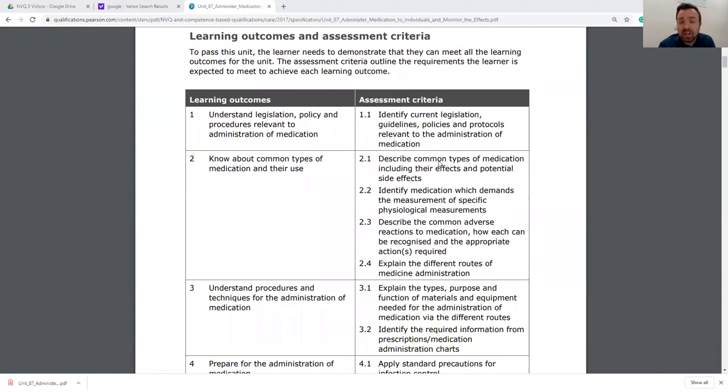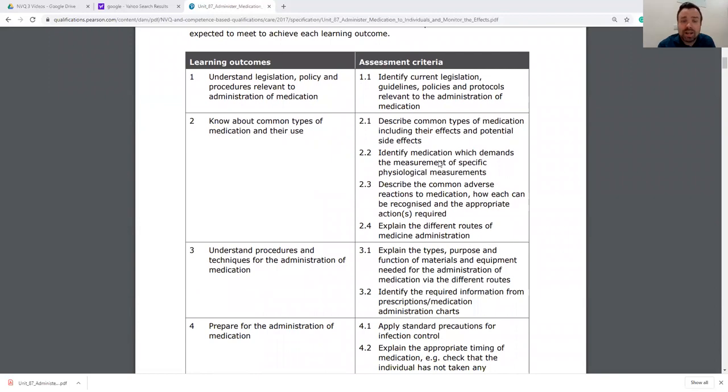Let's look at learning outcome 1. Understand legislation, policies, and procedures relevant to administration. We know that around 1.1, identify current legislation, you have the Medication Act, Control of Substances Hazardous to Health, Health and Safety at Work Act, and again, RIDDOR reports.